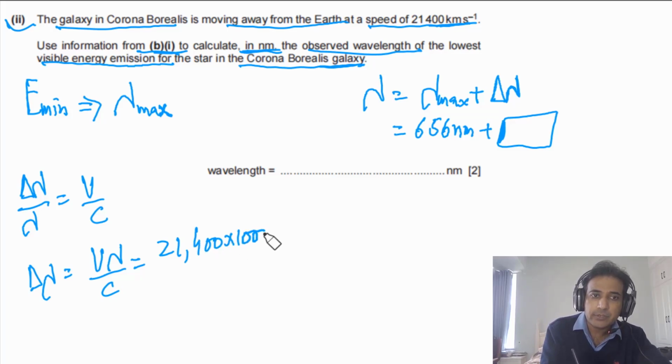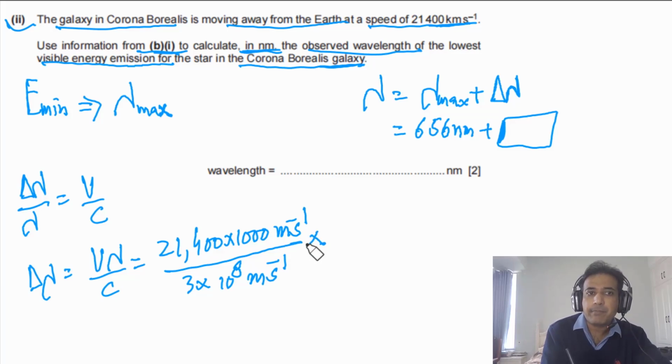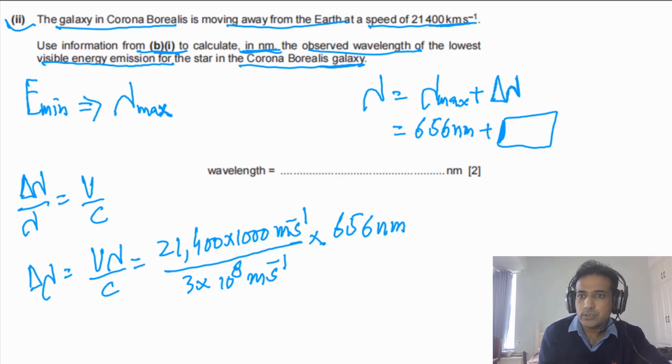So you have to multiply by 1000. So this is meters per second, divided by c, that is 3 times 10 to the 8 meters per second, multiplied by lambda, that is 656 nanometers. You don't need to convert units here because the meters per second will cancel, so the unit is nanometers.